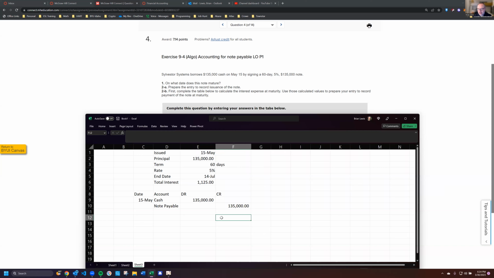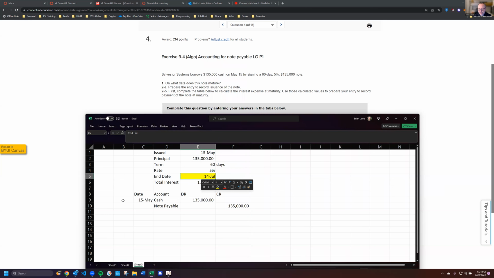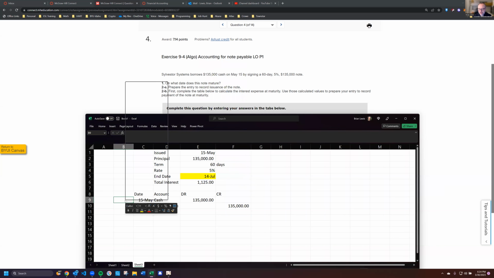Prepare to record issuance. Okay, so this answers the first question. This one answers the second question. And then the last question: complete the table below to calculate the interest expense at maturity.